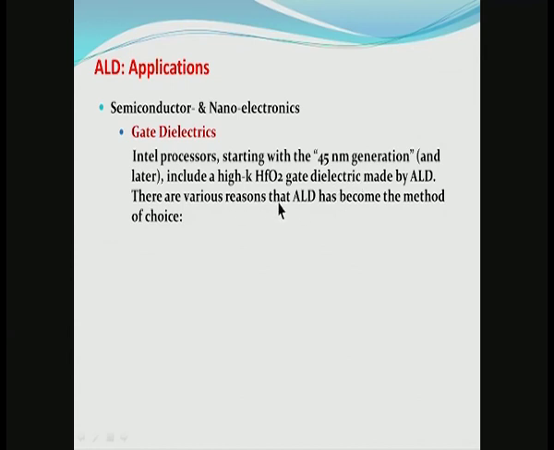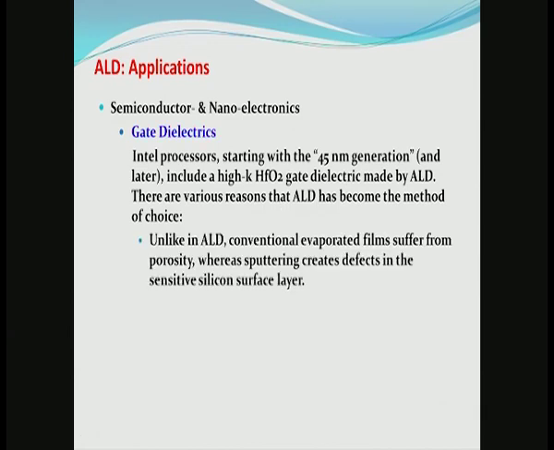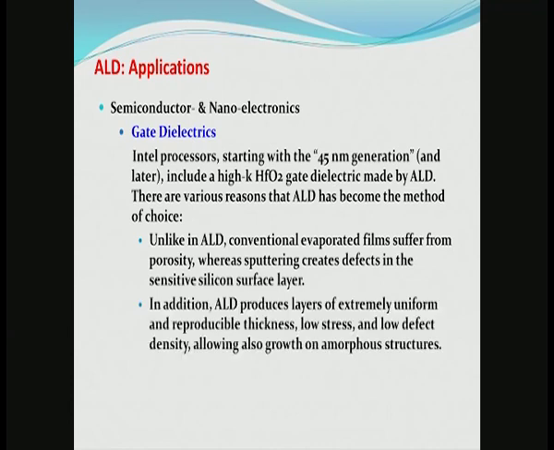There are various reasons that ALD has become a method of choice for this purpose, because unlike ALD, conventional evaporation and sputtering give rise to porosity, which is undesirable in very thin dielectric layers, and therefore, non-porous layers are required.